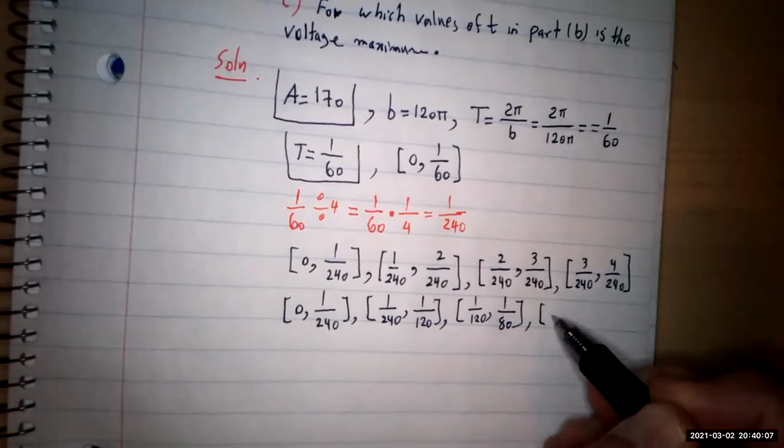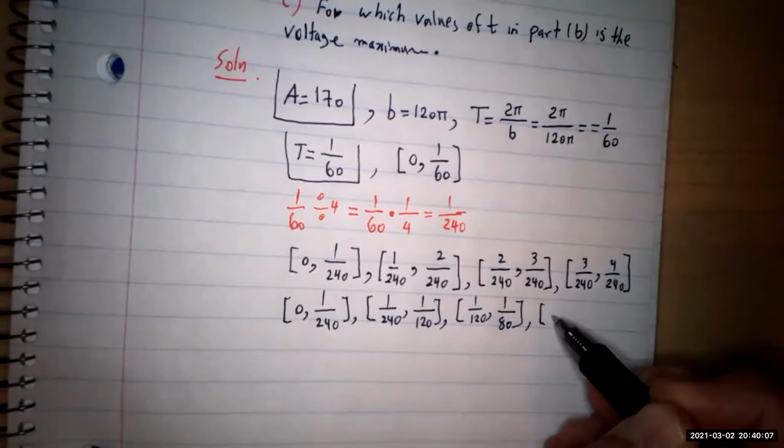Just pick something, suppose this is 170. Down here, this is going to be negative 170, because you have to decide the max and the minimum, you need both of them.